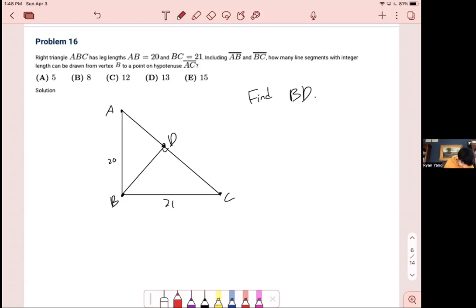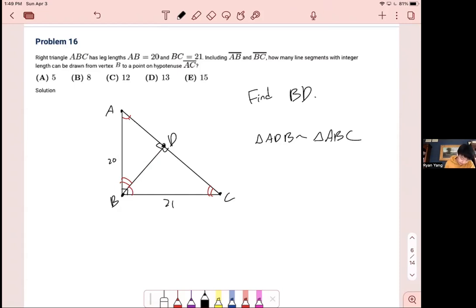And how do we do this? Similar triangles. Just going to label that. I find this helpful. Okay, so whenever you drop a perpendicular in a right triangle, that always means that you have similar triangles. Triangle ADB is similar to triangle ABC.